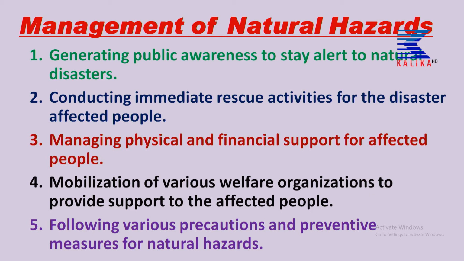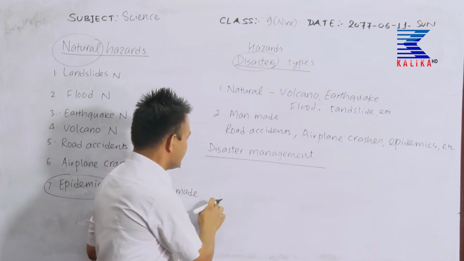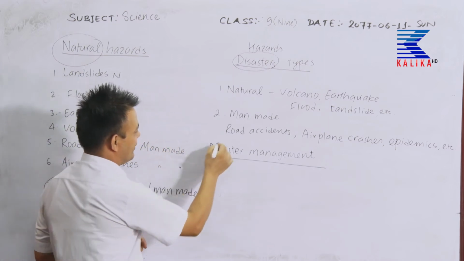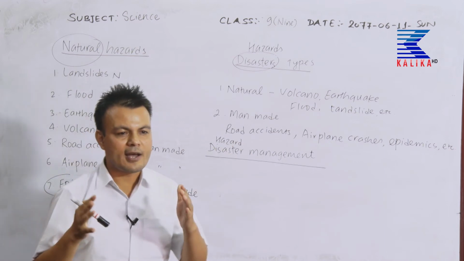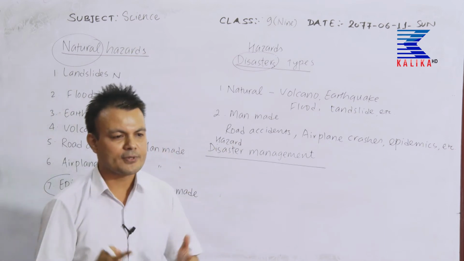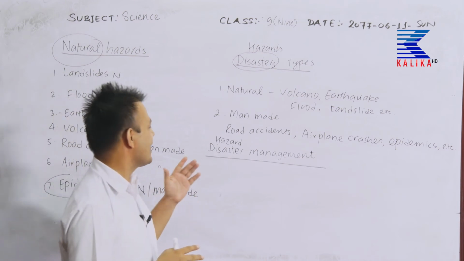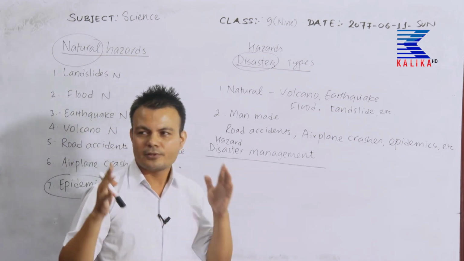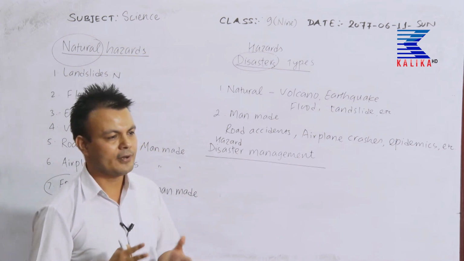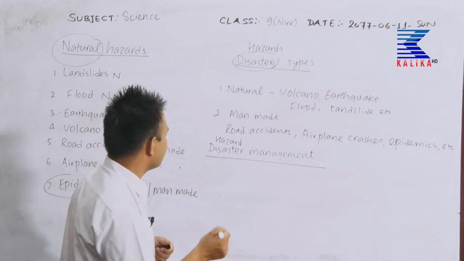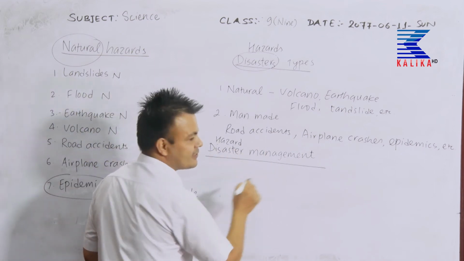Okay, so management of natural hazards. Let me talk about management of natural hazards or artificial hazards, whatever it is. So have a look. A disaster or hazard happens unfortunately. It is bad luck to anyone if it happens somewhere. Basically, natural hazards we cannot stop.